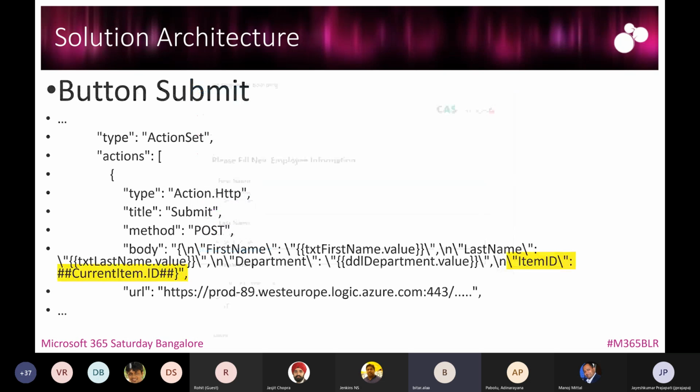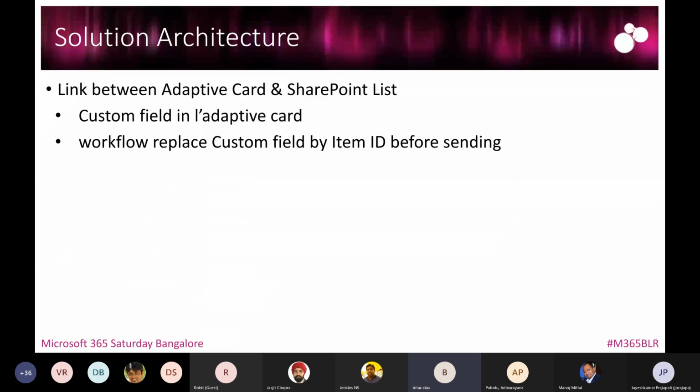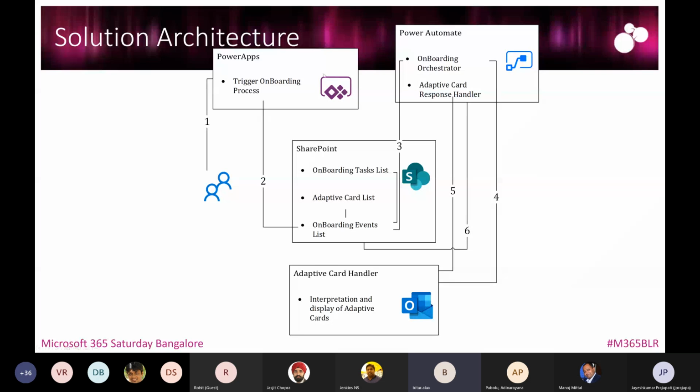So back to our architecture here, I had a PowerApp that created, for example, an item on an onboarding event list that triggered an onboarding orchestrator, and the onboarding orchestrator sent an adaptive card. And before sending the adaptive card, it replaced my custom tag by the item ID that triggered the flow.